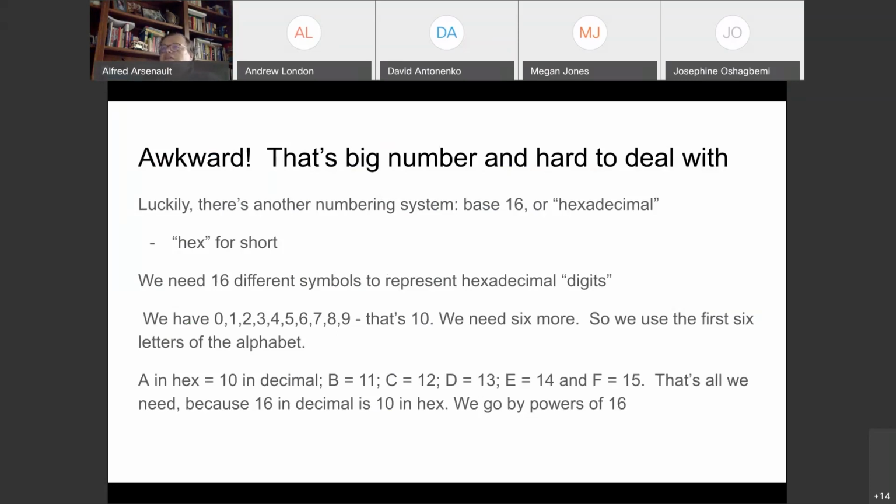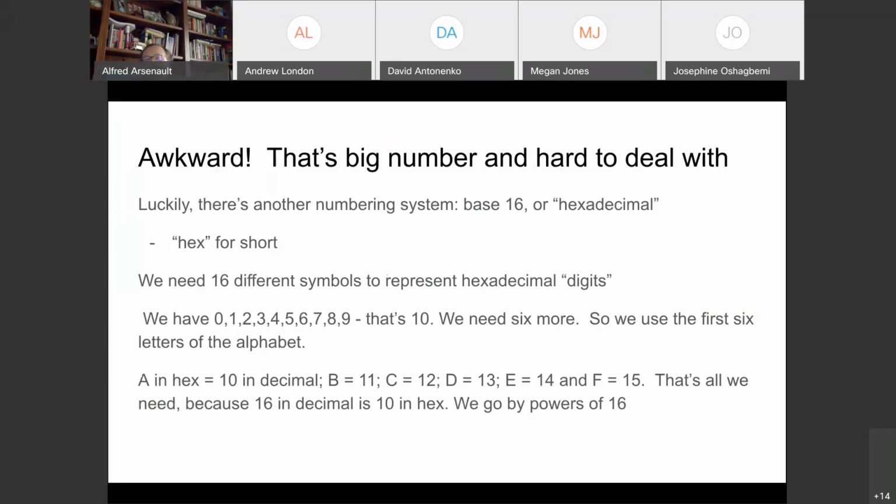We need 6 more. So by convention, people decided a long time ago, for whatever reason, that we're just going to use the first 6 letters of the alphabet. So in order, we have 0, 1, 2, 3, 4, 5, 6, 7, 8, 9, A, B, C, D, E, and F.